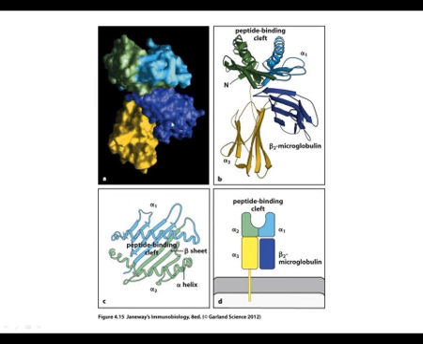This is the structure of MHC. So you have your beta 2 microglobulin and then an alpha chain that actually has three parts, alpha 1, alpha 2, and alpha 3. So it's schematically represented here: alpha 1, alpha 2, alpha 3, and the beta 2 microglobulin.